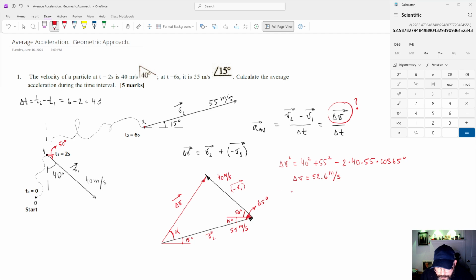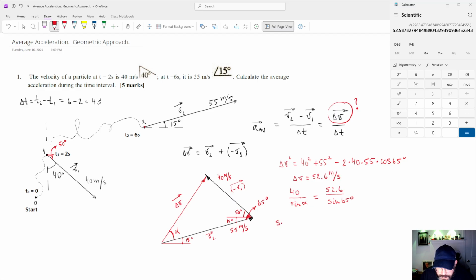Okay, so we have 40 divided by sine of alpha, and this is equal to our delta V, which we've just calculated, so it's 52.6 divided by sine of 65 degrees.